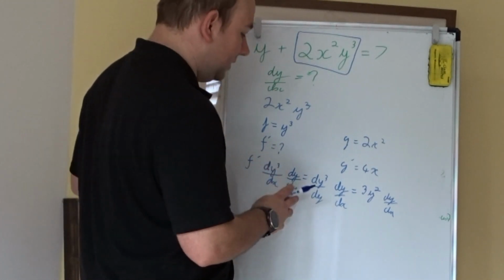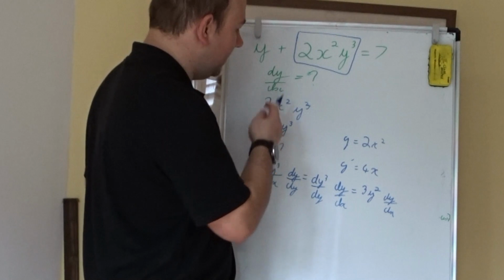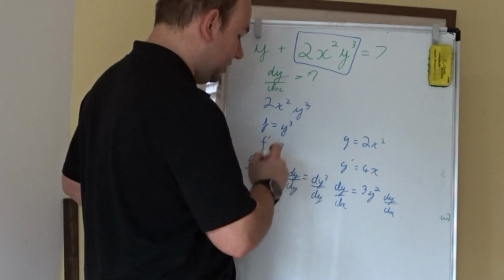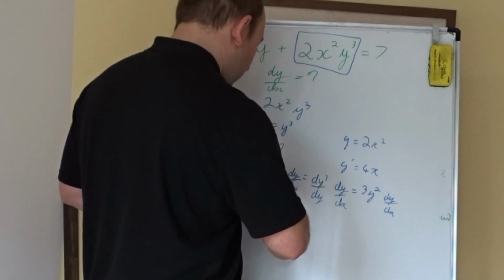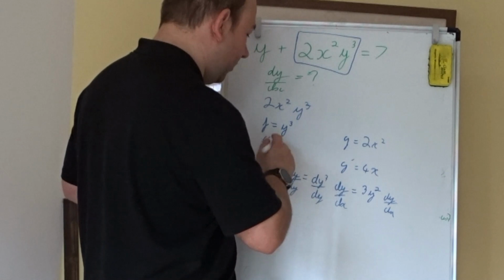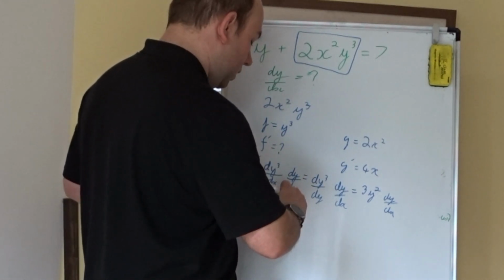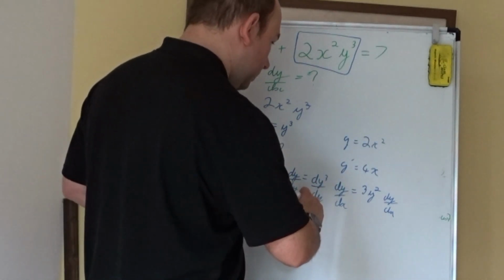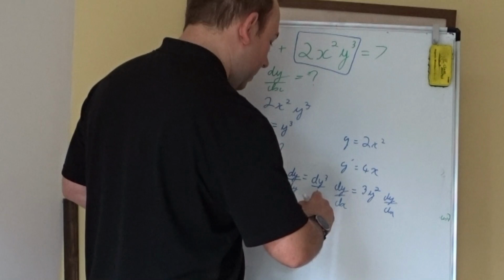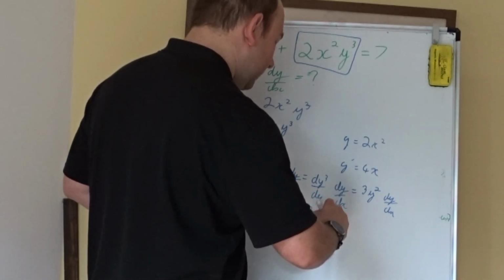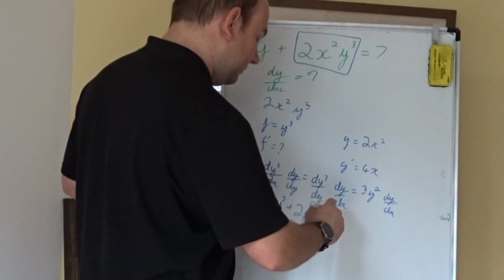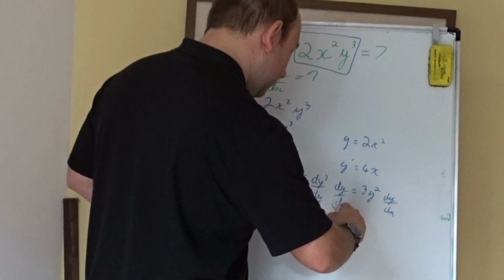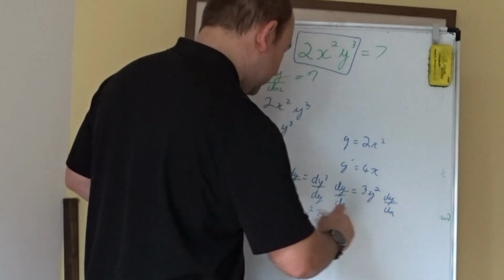And therefore, I can differentiate using the product rule now, where we're going to have f times g prime, so this is going to be 4x y cubed, plus, then we're going to go on this diagonal, so we're going to have 2x squared times 3y squared dy by dx.